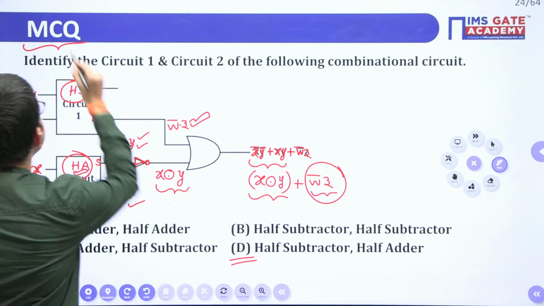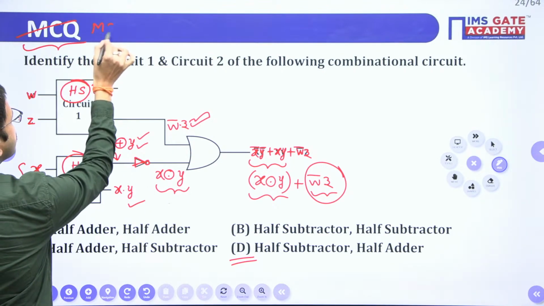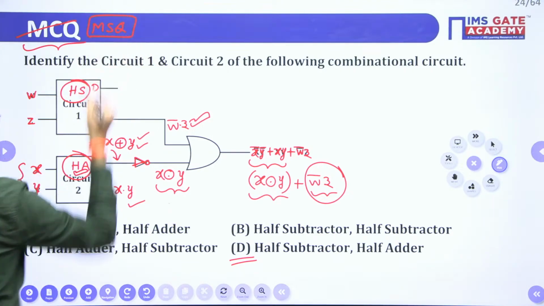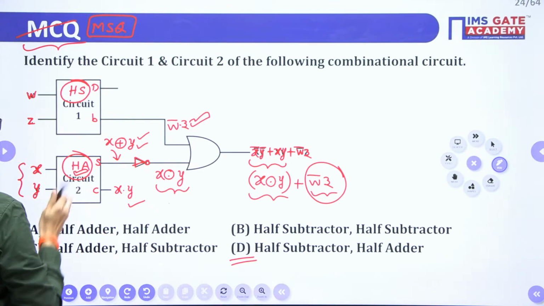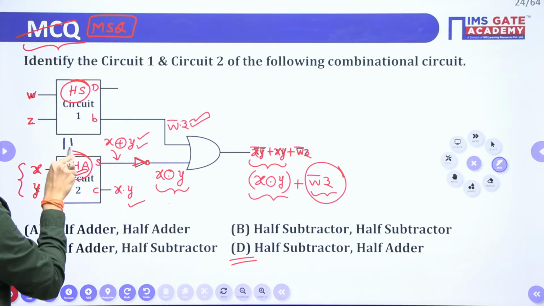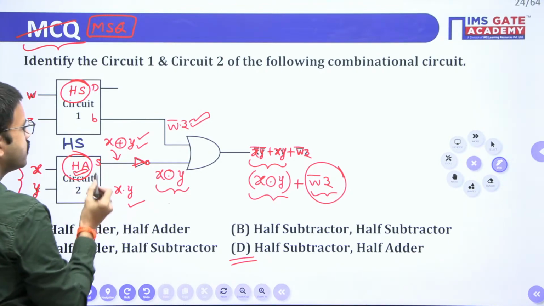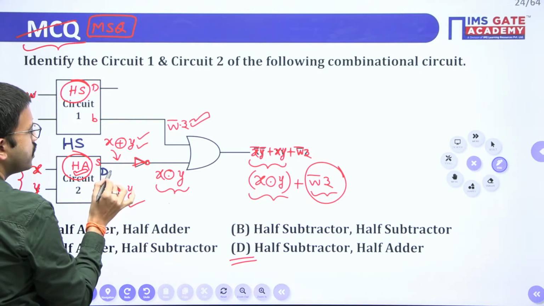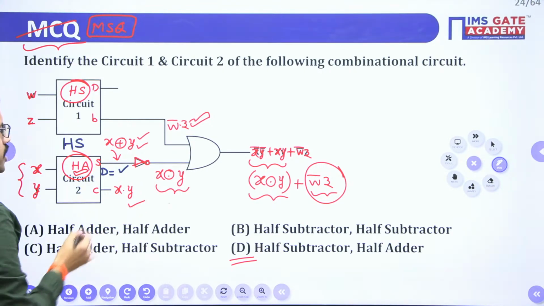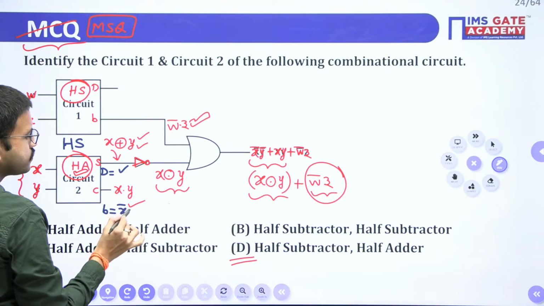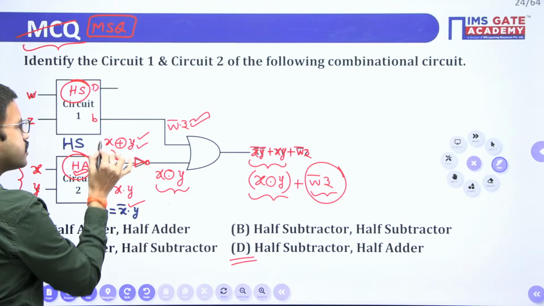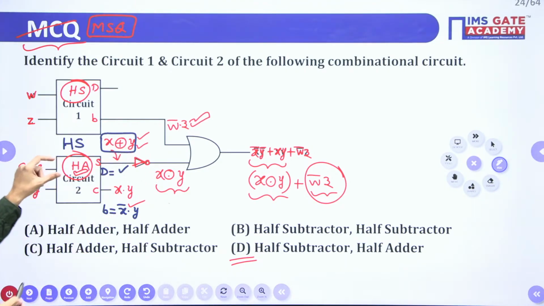So you can make this question as MSQ. Actually this is a typo mistake, so you can make the correction. Here we got half subtractor and half adder. Even if you consider this circuit as half subtractor, then also you will get the same expression for difference, exclusive OR only, whereas regarding borrow you will get X bar Y. Since you require only the XOR combination here, you can get it with the help of half subtractor and also with the help of half adder.